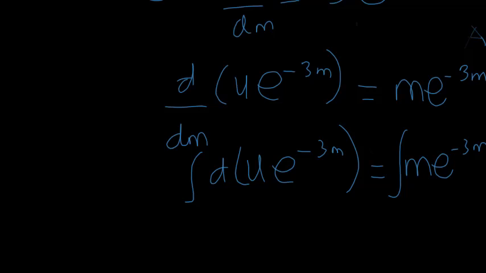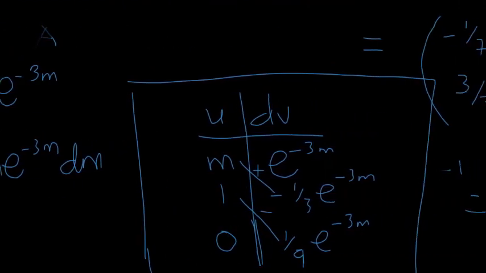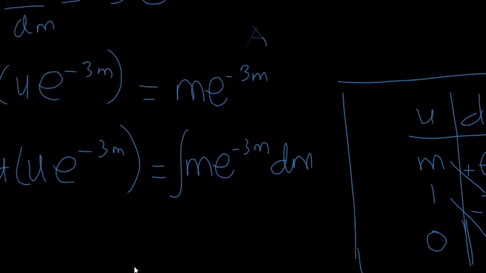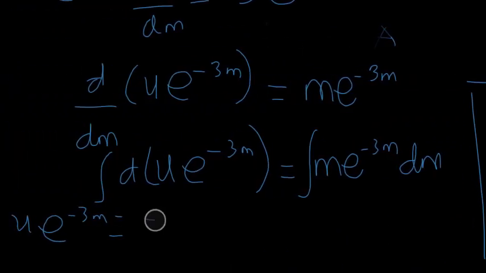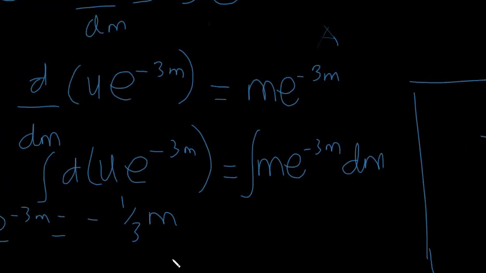So this actually means that I'm going to get u e to the negative 3m being equal to the integral of this. We know how to integrate by parts. So this is going to be negative 1 over 3 m e to the minus 3m.